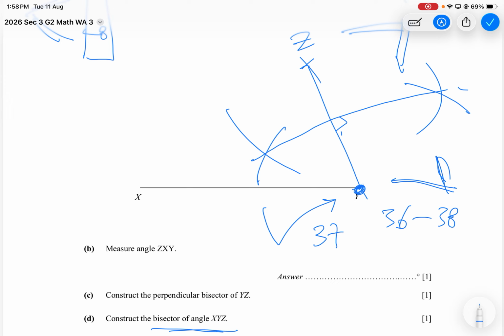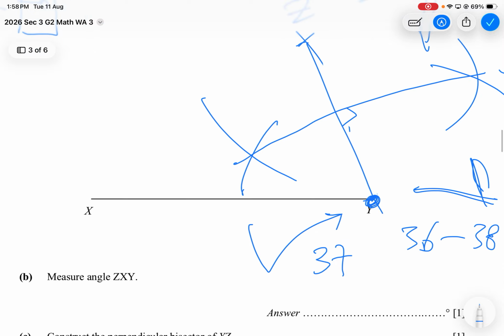Okay. One special point. And the angle is formed by these two lines. So if I put my center here, I already know that I want to make a cut here. I want to make a cut on this line as well. I know that my angle bisector is going to run through the middle.